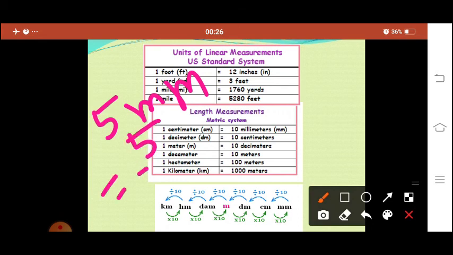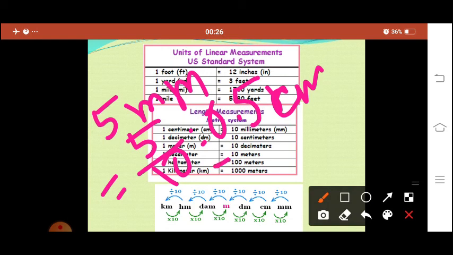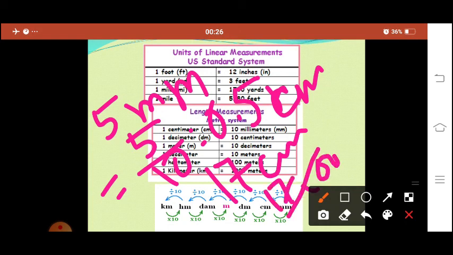So 5 by 10, it will be 0.5 centimeter. Similarly, centimeter to meter, 17 centimeter, it will be 17 divided by 100, it will be 0.17 meter. So that way you have to convert.